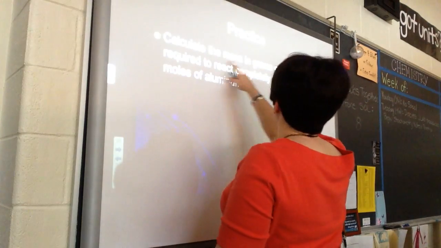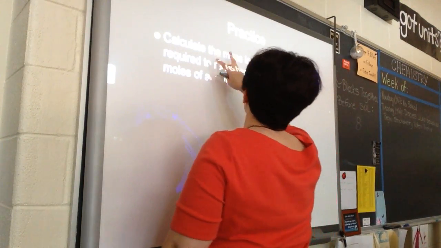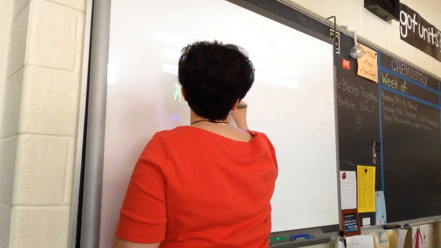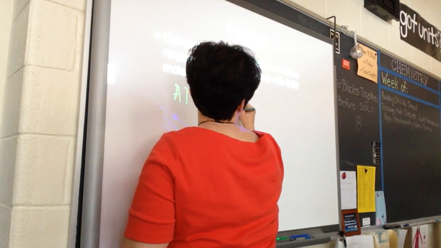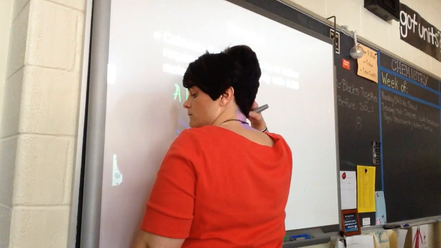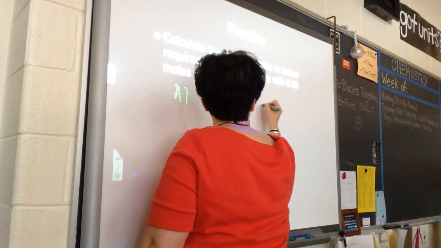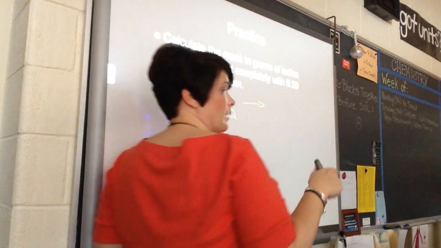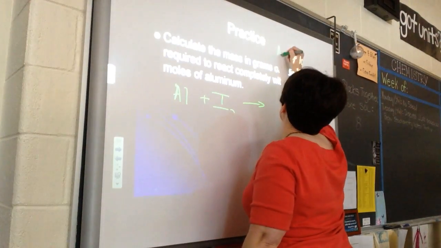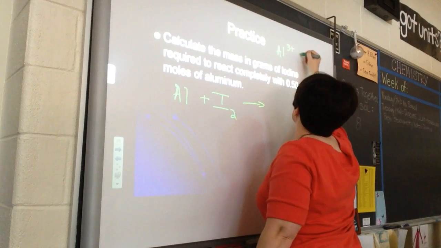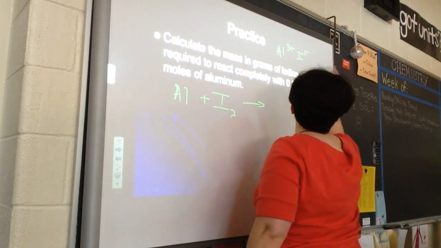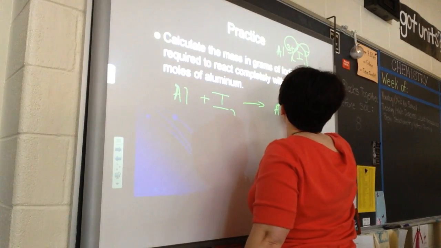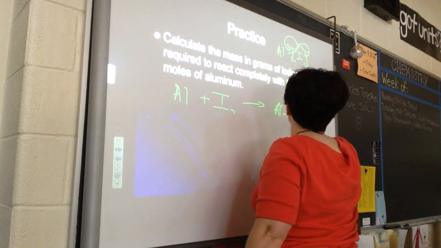So we need a balanced equation. We've got aluminum getting together with iodine. What's the formula for iodine? I2. Why? It's a halogen, and they are diatomic. We are making aluminum and iodine in an ionic bond, which is a crisscross, drop, reduce. So aluminum 3 plus, iodine 1 minus, crisscross, AlI3.